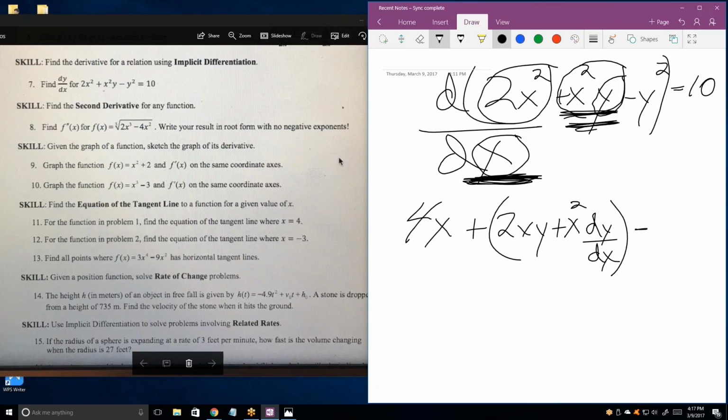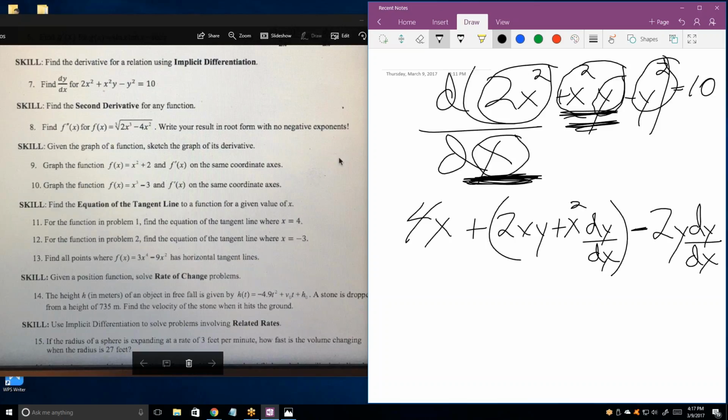And now what's the very last term? What's the derivative of that? 2y times dy dx. In other words, you still have to take the derivative of the outside. The derivative of the outside was 2y.